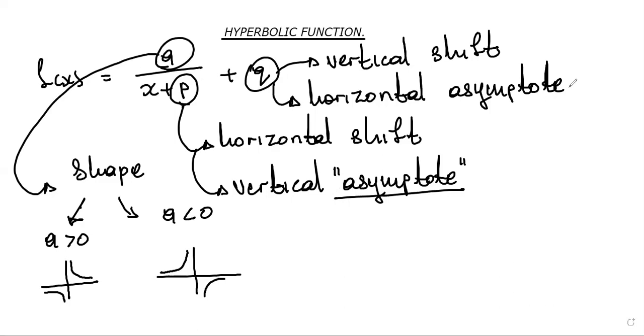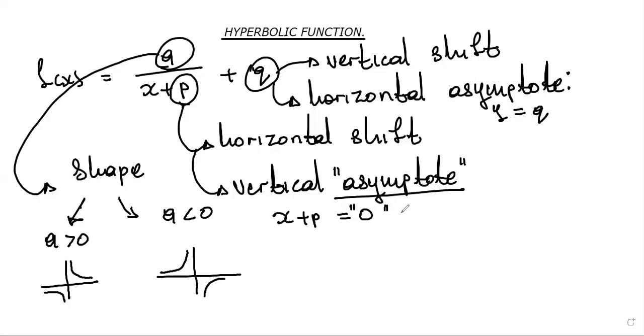So if I want you to write the equation of the horizontal asymptote, you'll just say y equals q, like that. But if I want you to write the equation of the vertical asymptote, you'll start by taking your denominator and equating it to 0, because at the asymptote, the function is undefined.